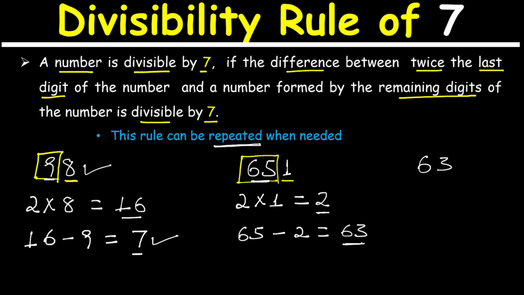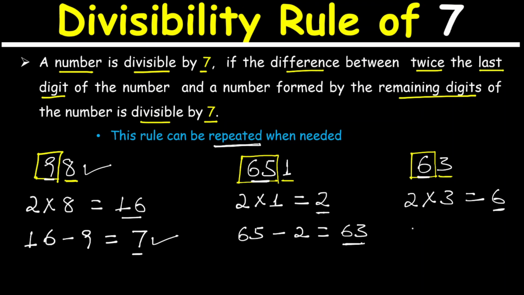The last digit of the number 63 is 3, and the number formed by the remaining digits is 6. Twice of the last digit is 2 multiplied by 3, which is equal to 6. Now, let's calculate the difference between 6 and the number formed by the remaining digits, which is again 6.